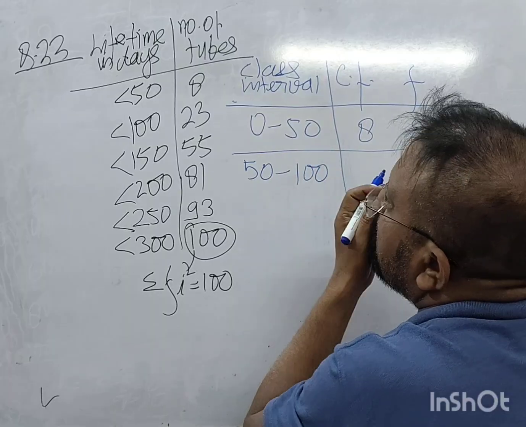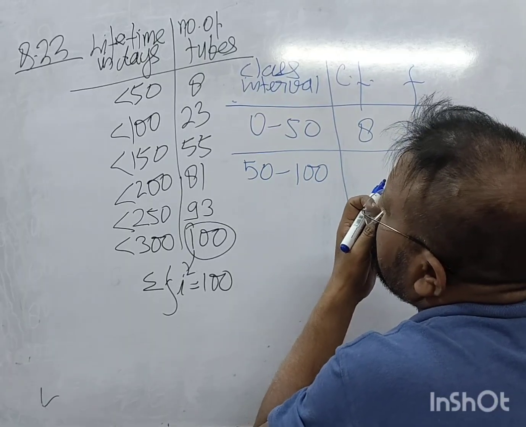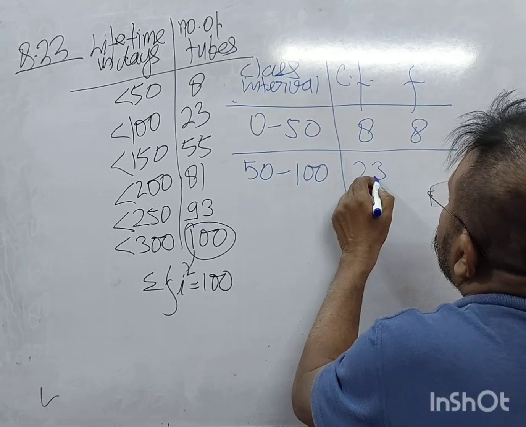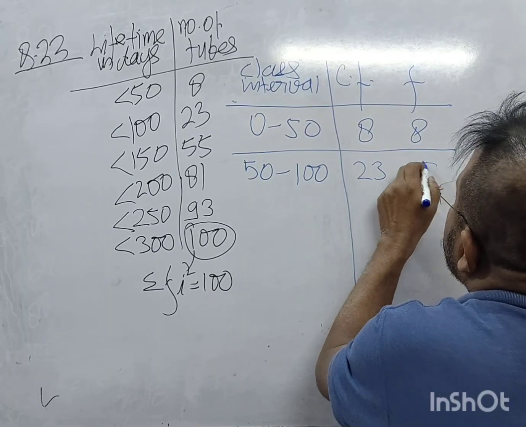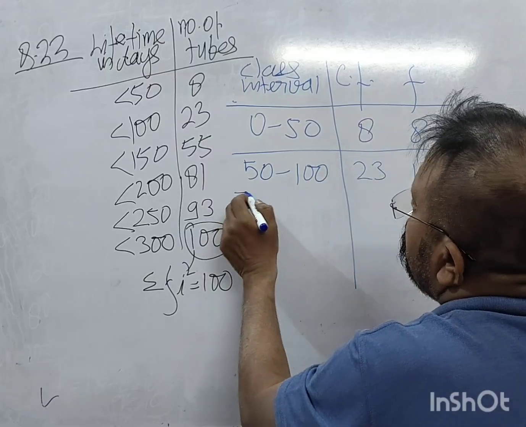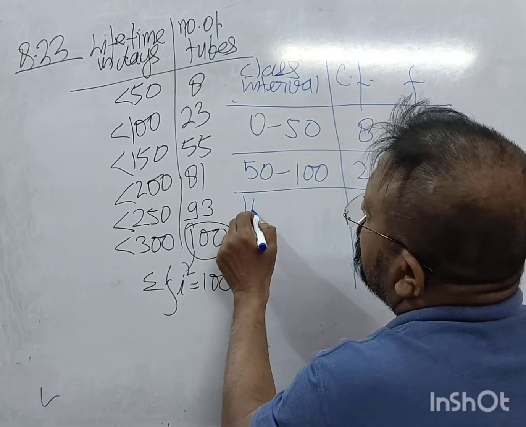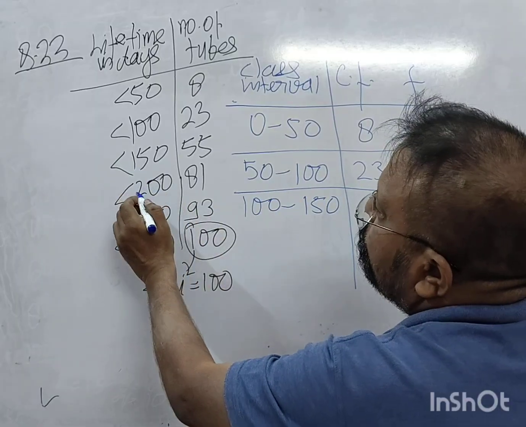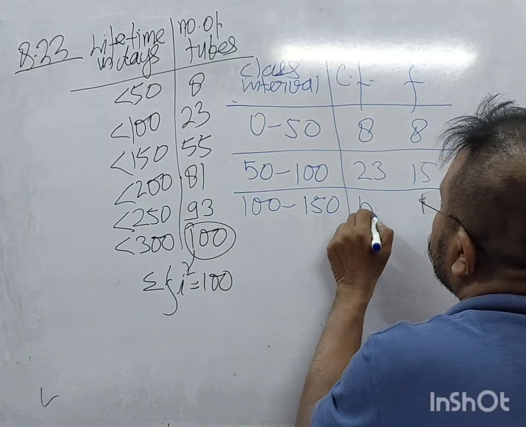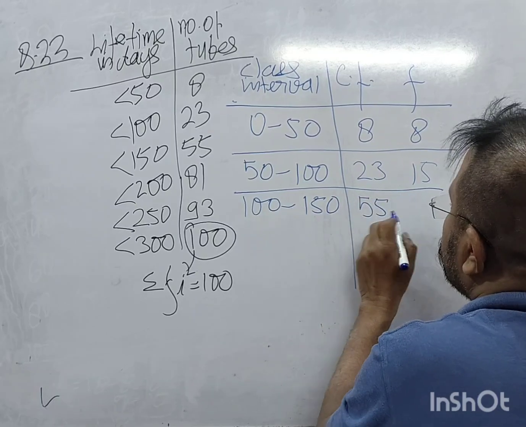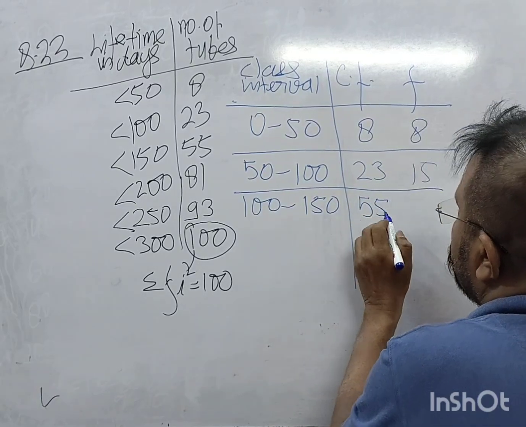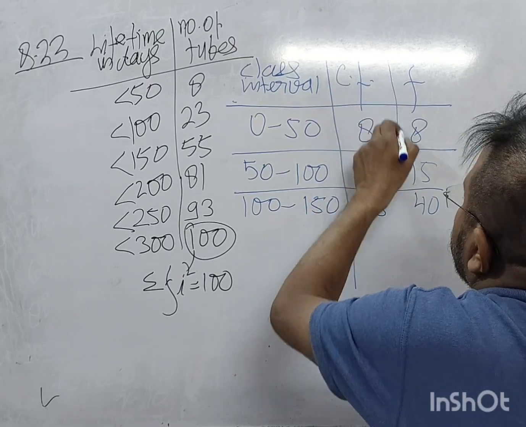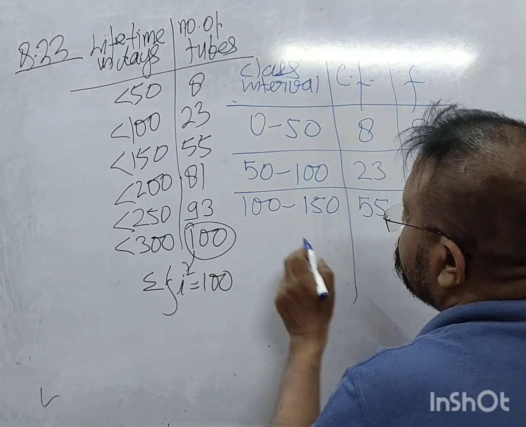Then it is 23. It becomes 23. 23 minus 8 becomes 15. Frequency is 15. Now 100 to 150. 55. So 55 minus 15 is how much? 40. Frequency is 40.